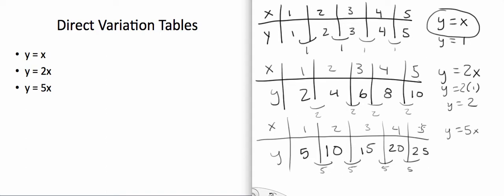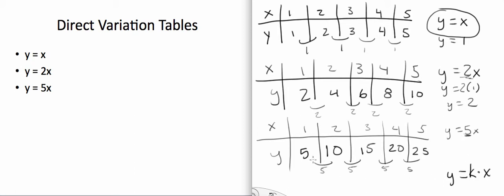So what we see here is that when we have direct variation, the equation that we are given, and I'll write it down here in the bottom corner, is y is equal to k times x. This k value, in this case, is 5, and then 2, and then there is no k value here because it's an implied 1.